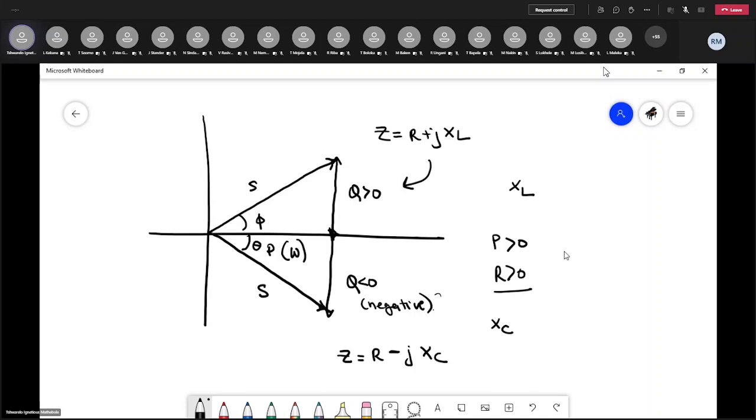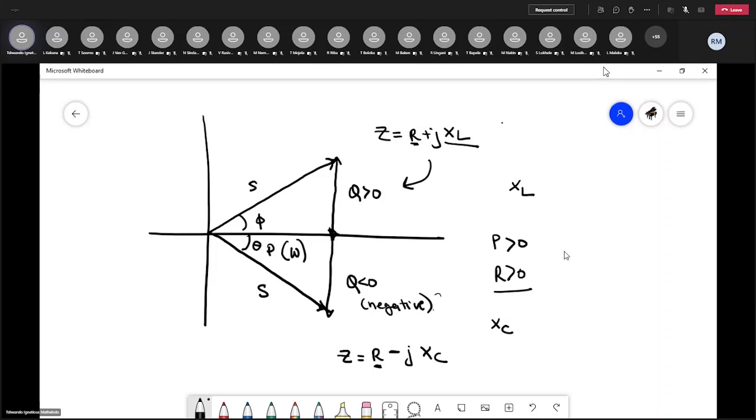In both instances, you must see that I have got the R component. So this P is brought about by the R component. Now, this Q, which is positive, is brought about by the XL component.